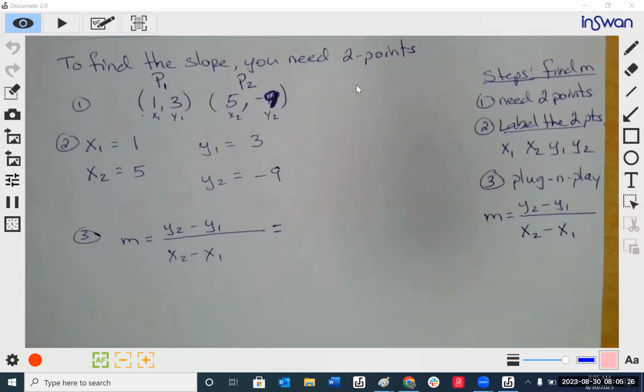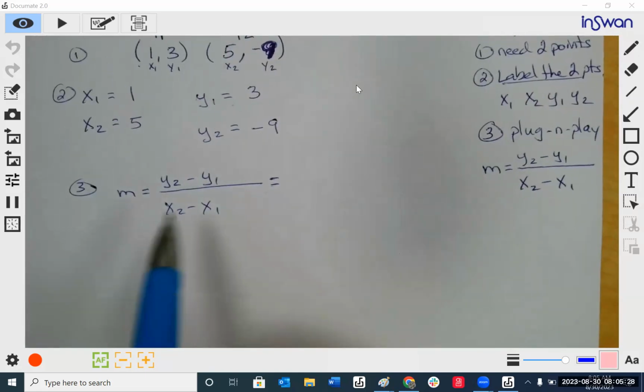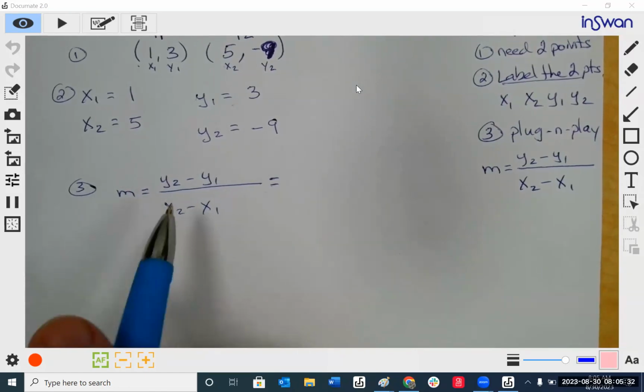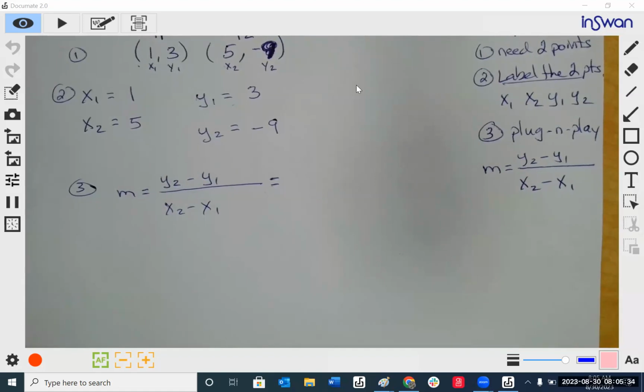It's a good practice. Whenever you use a formula, always write down the formula in the question that you're writing out so it's easily memorized, and it's much easier so you don't mess up.